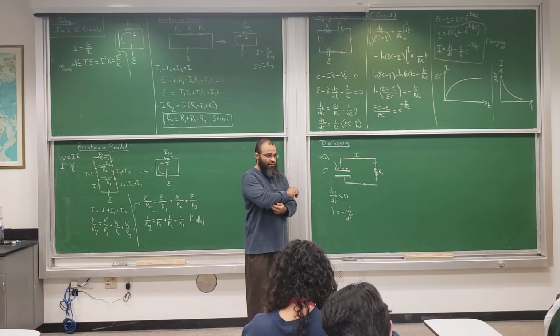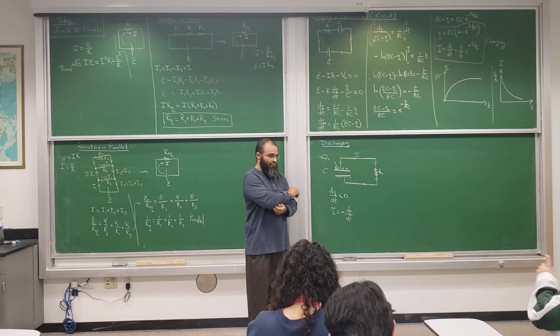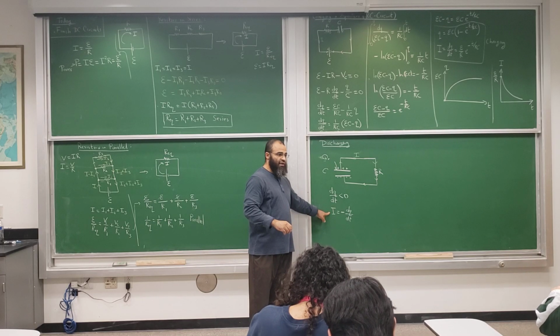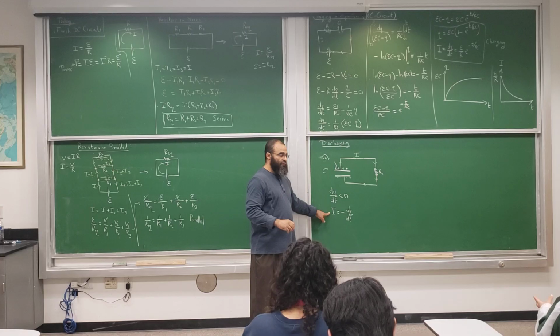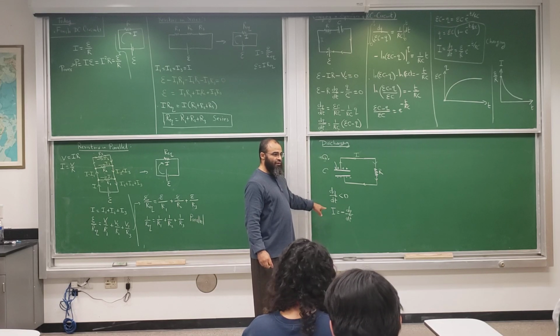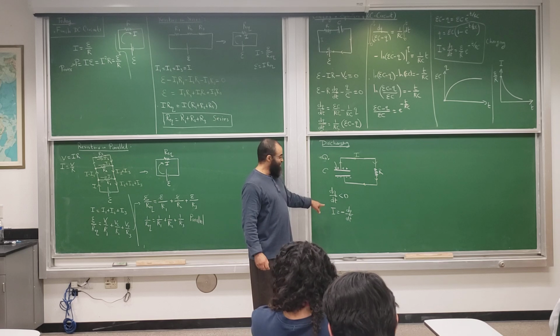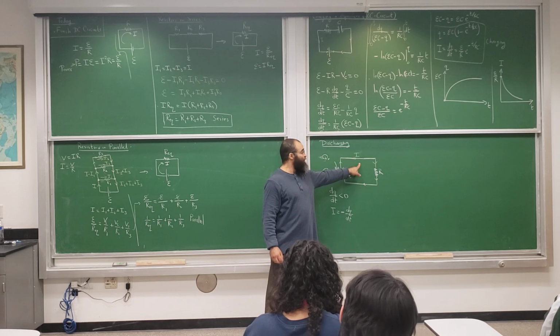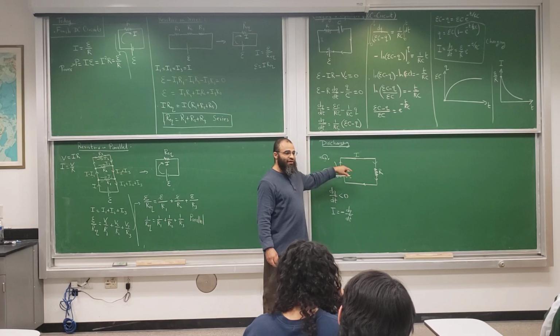We put a negative sign in front when we say that our current is equal to negative dq dt. I want my current to be positive, because I know the direction of the current is clockwise.